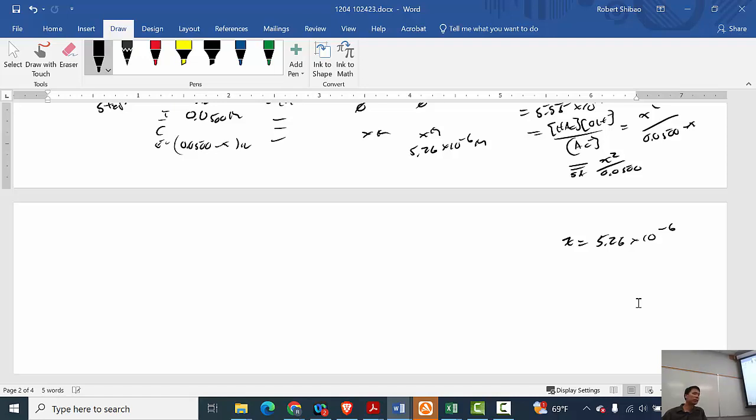So do you think water will be a significant contributor? Could be. Water's like super small. What's the max water can be? The max water can be is 10 to the minus 7 from hydrolysis. And it's going to be a lot lower because of the common ion effect.